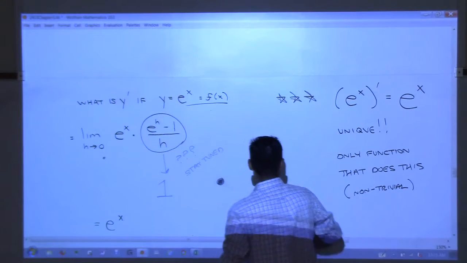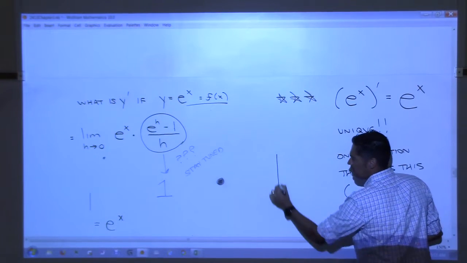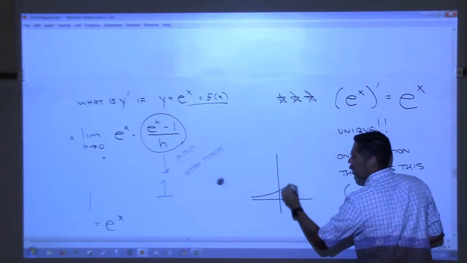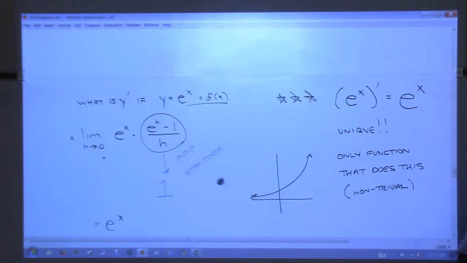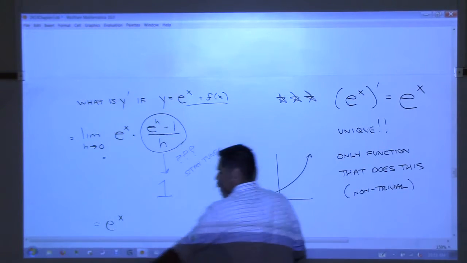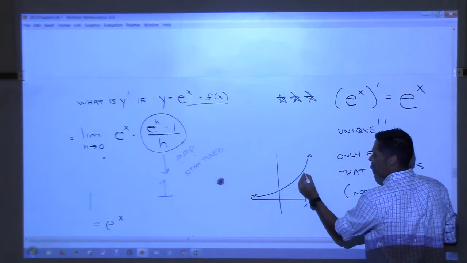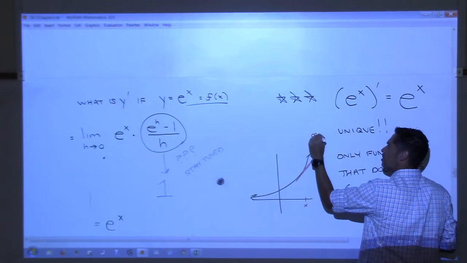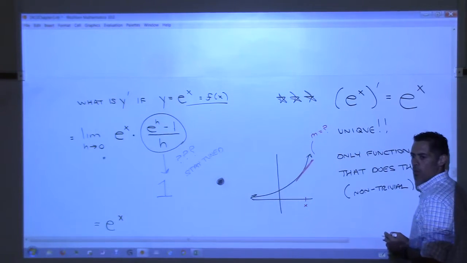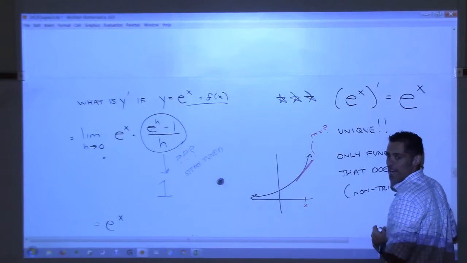So what that means to us, what this all means is that if I take this function and graph it, e to the x, and I wanted to know the slope of the tangent line at any point, so let's pick a value x, and I go up here, and I ask you for the slope. I say, hey everyone, what is the slope of that line? What will it be equal to? E to the x.